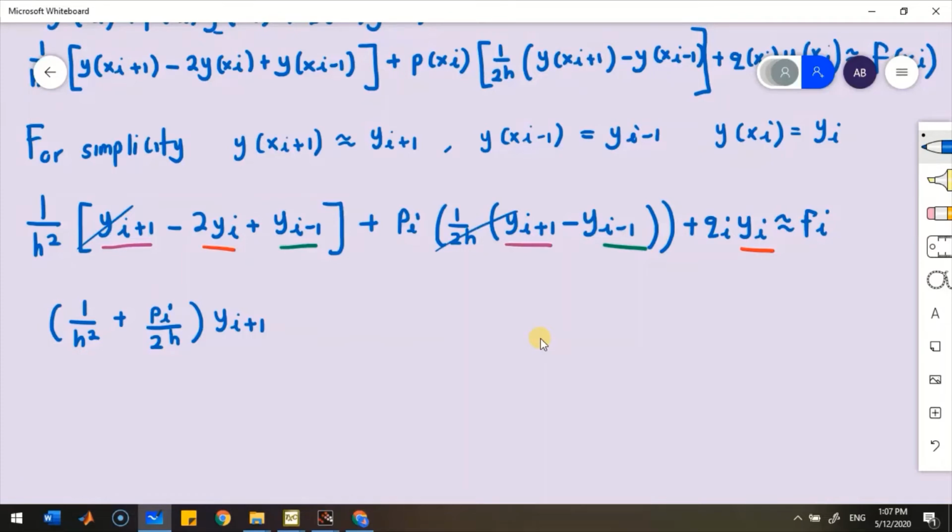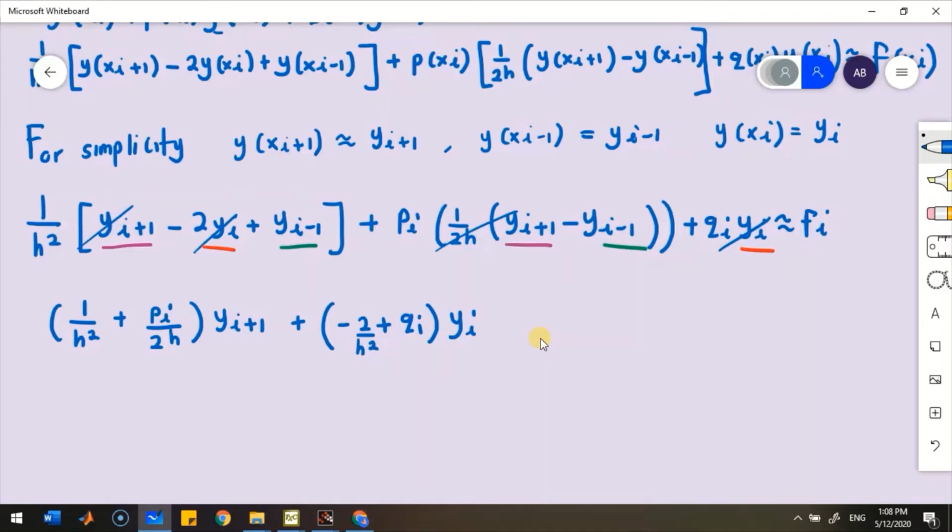And then the term involving yi, we have minus 2 over h squared plus qi, times yi. Don't forget the 2 over h squared.